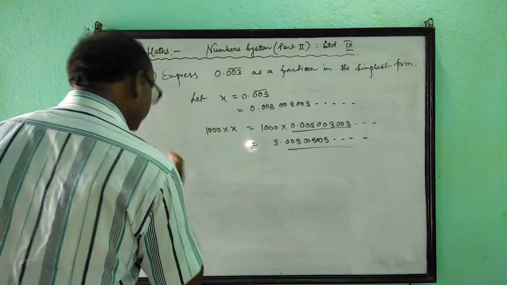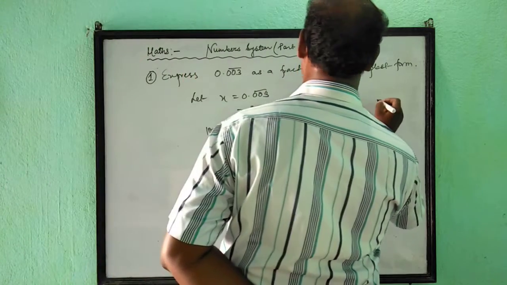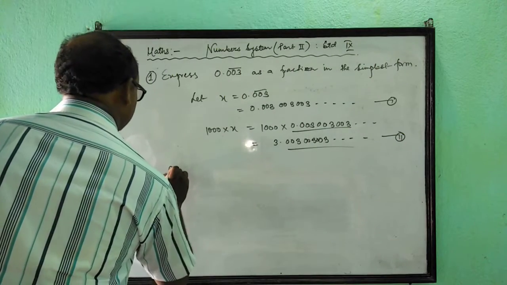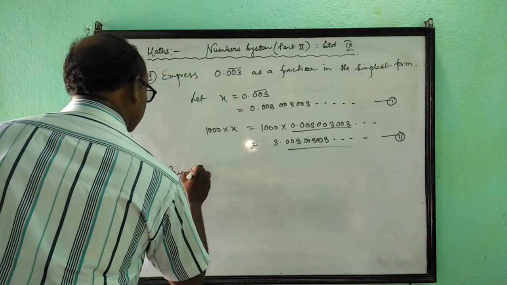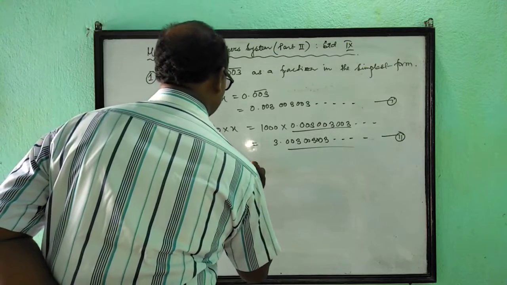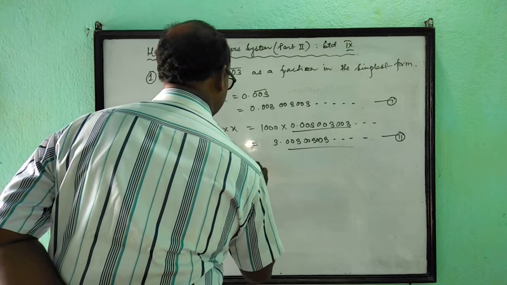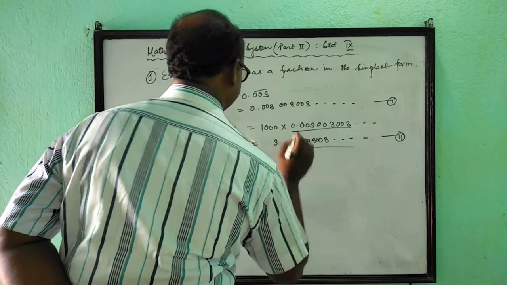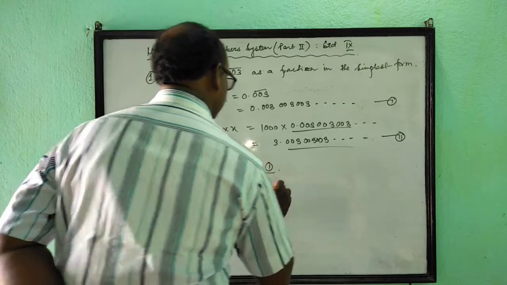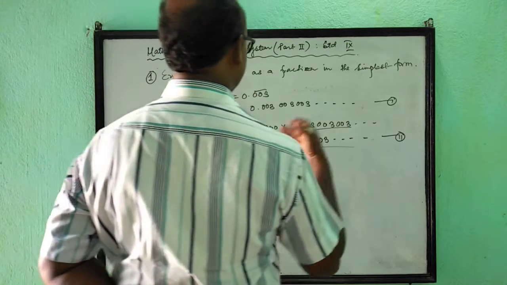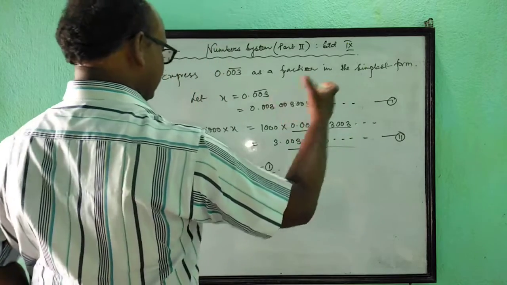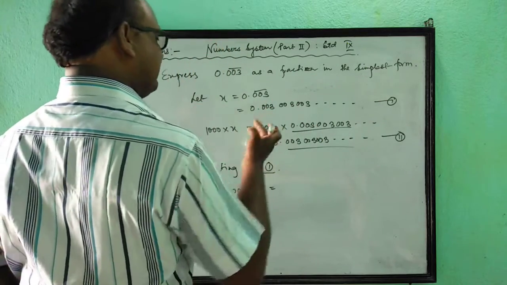Now we subtract equation 1 from equation 2. 1000x minus x equals, actually when we subtract this from this, the decimal part will be cut.